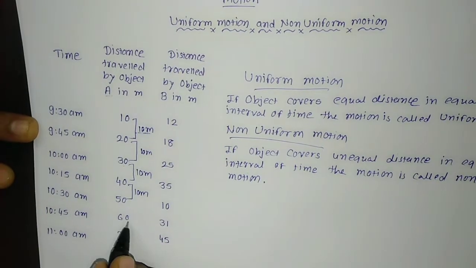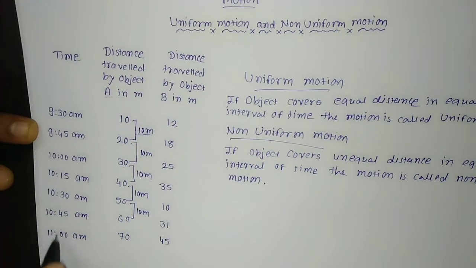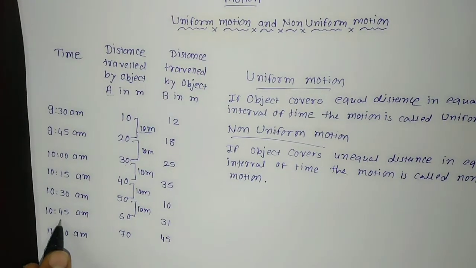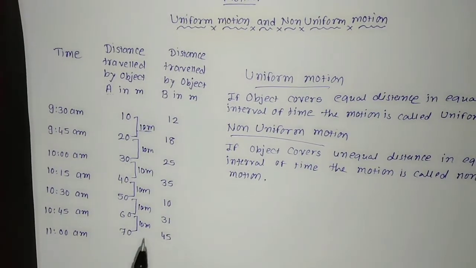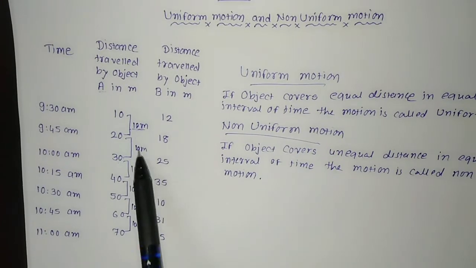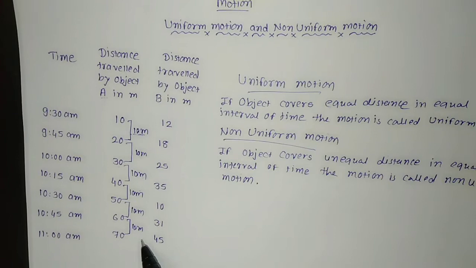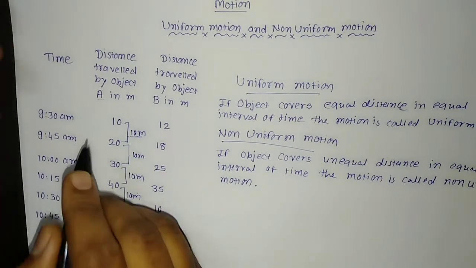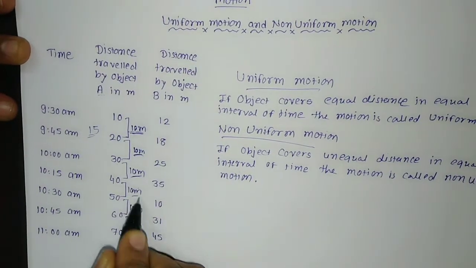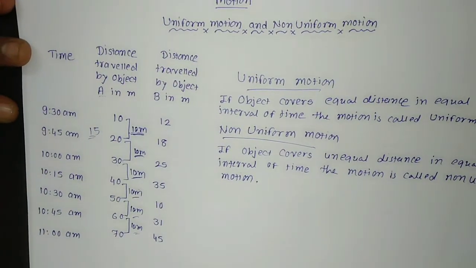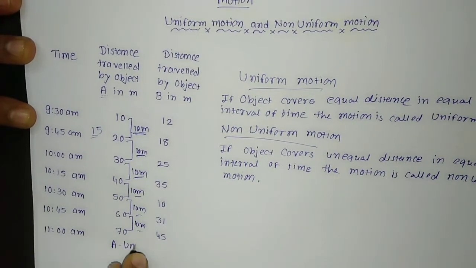Again at 10:45 it reaches 60 meters, so 60 minus 50, 10 meter. Again at 11, that is a 15 minute gap, 70 minus 60, 10 meter. So you can see the object travels equal distance, 10 meter each time, in equal intervals of 15 minutes. So we can say that object A is moving with uniform motion.